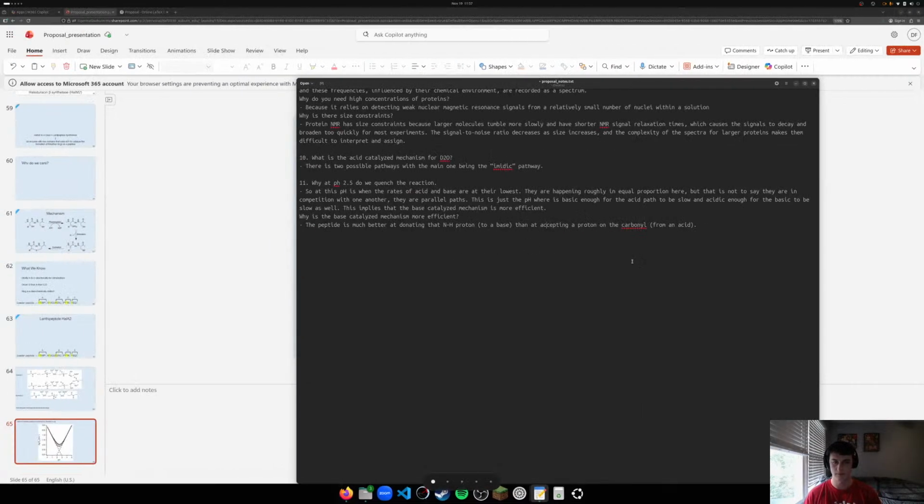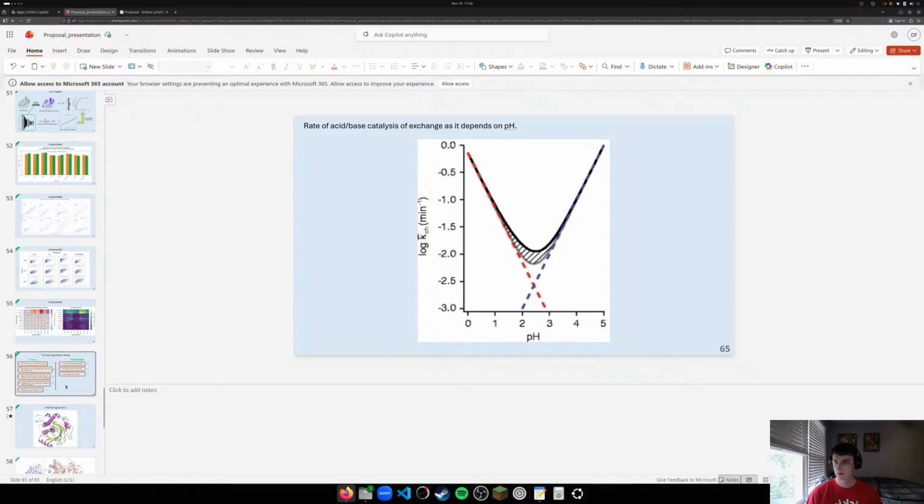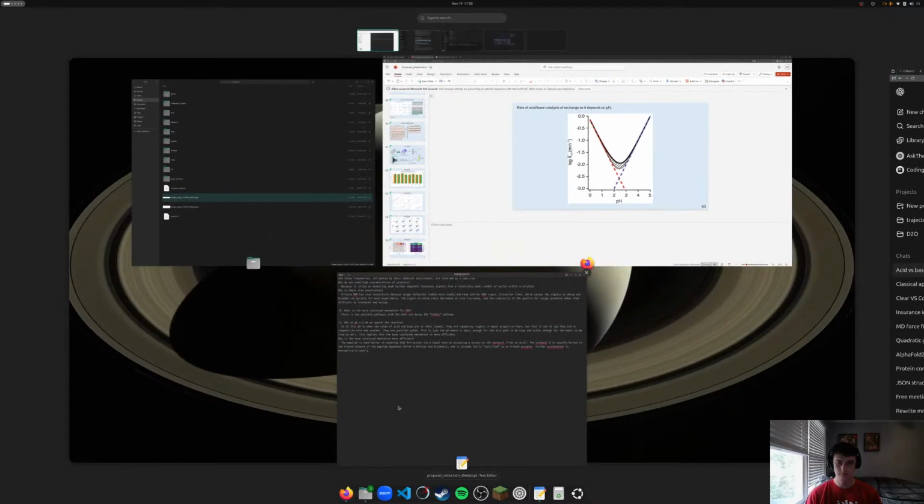The carbonyl is usually buried in the H bond network of the peptide backbone. It's already fairly satisfied as an H bond acceptor, and further protonation is energetically costly. Cool. All right.